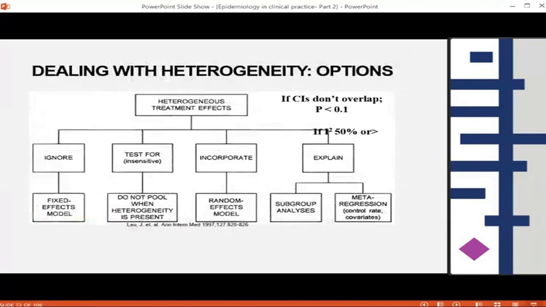But if you find that your I-square is somewhere in between, 25% and 75%, then you say, I might be able to explain this difference if I can find why the trials are different. So basically a subgroup analysis might help you explain the heterogeneity in the trials, right?